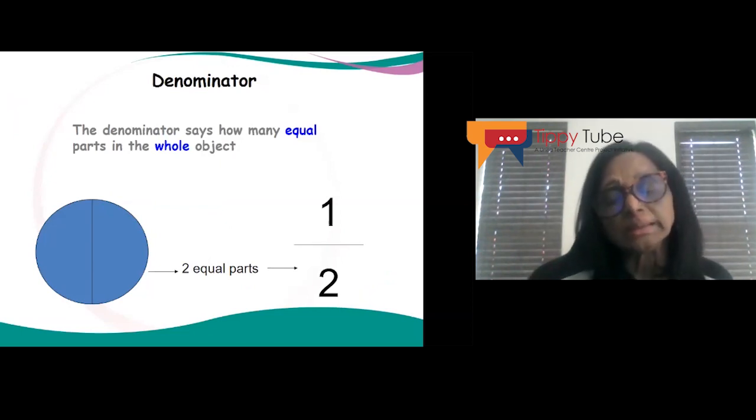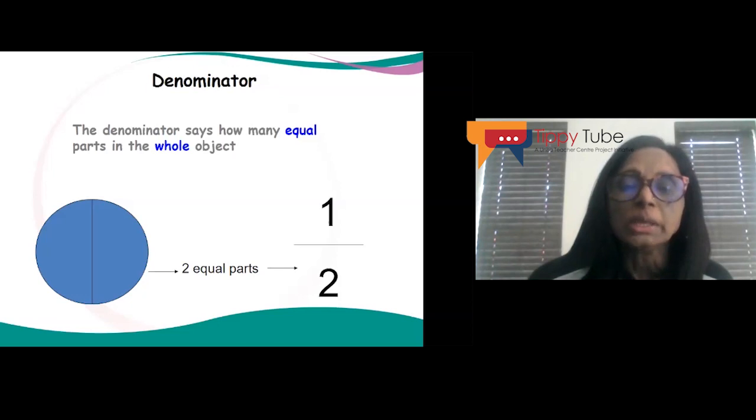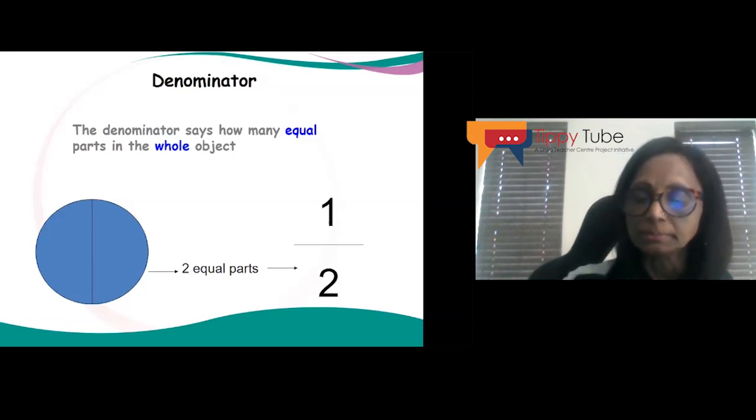Here you can see that there's a circle and the circle is divided into 2 equal parts. So each part is called 1/2. The 1 on the top is the numerator and the 2 at the bottom is the denominator. The 1 means that there's 1 out of 2 parts.